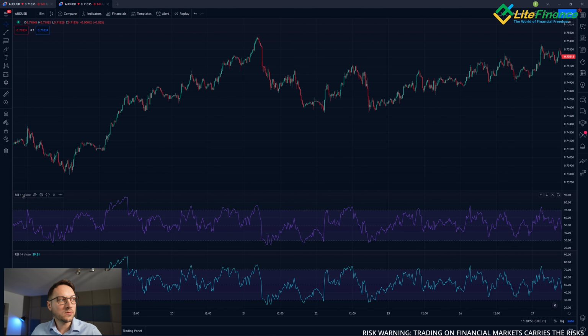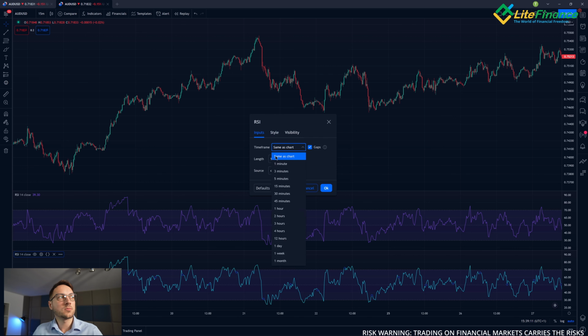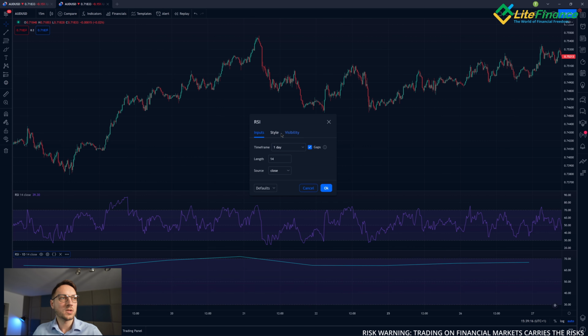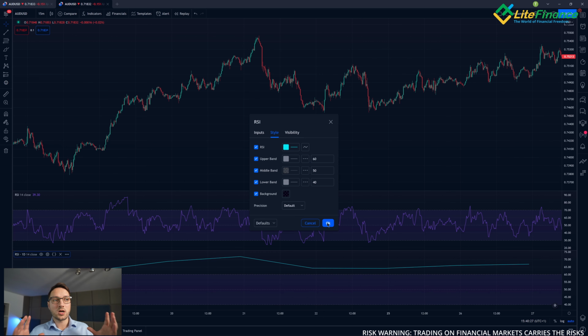As I said, we are leaving the first one as it is, and the second one we again click on settings, and in inputs we have the time frame, changing from same as the chart to 1 day. That's the first thing. And the second thing, we are changing the upper band to 60 and the lower band to 40. By doing that, we are broadening the spectrum for the identification of an uptrend and a downtrend.